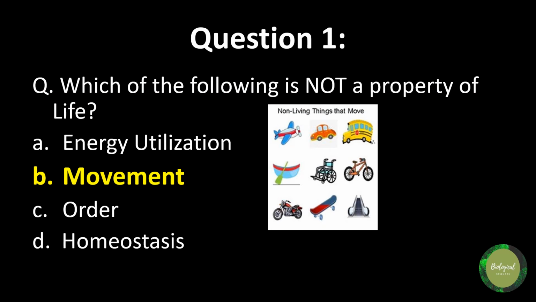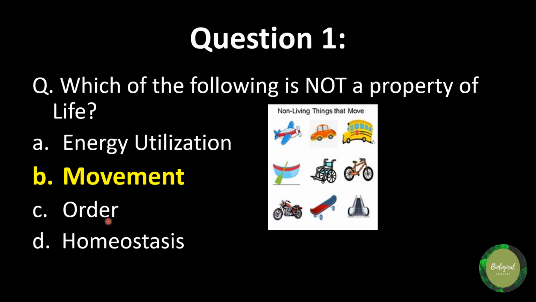So first question is, which of the following is a property of life, that is energy utilization, movement, order, or homeostasis.